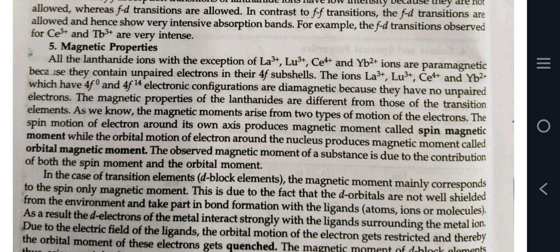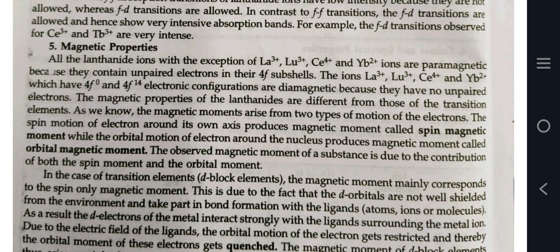This is due to the fact that the d orbitals are not well shielded from the environment and take part in bond formation with ligand atoms, ions, and molecules. As a result, the d electrons of the metal interact strongly with the ligands surrounding the metal ion.